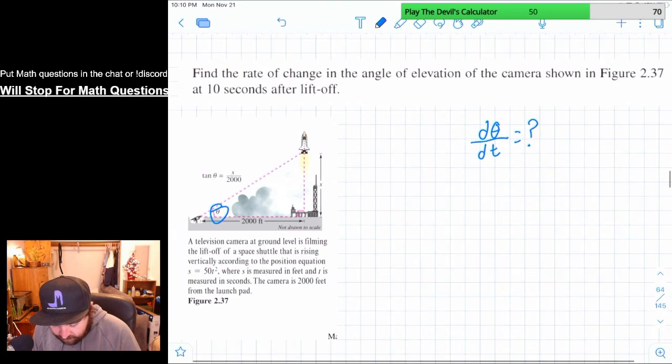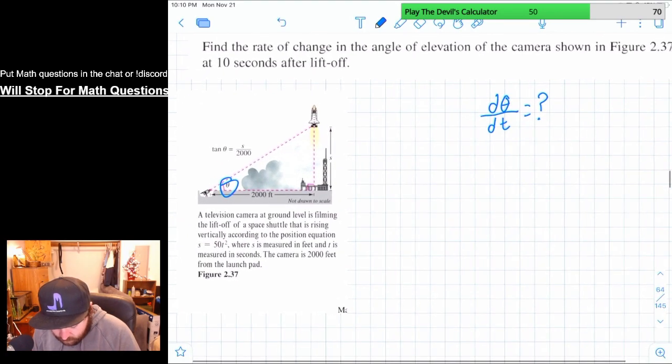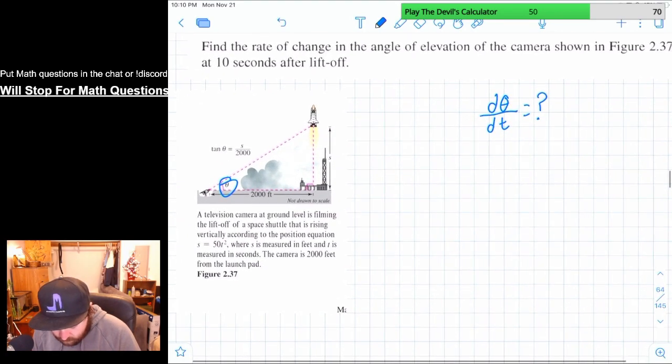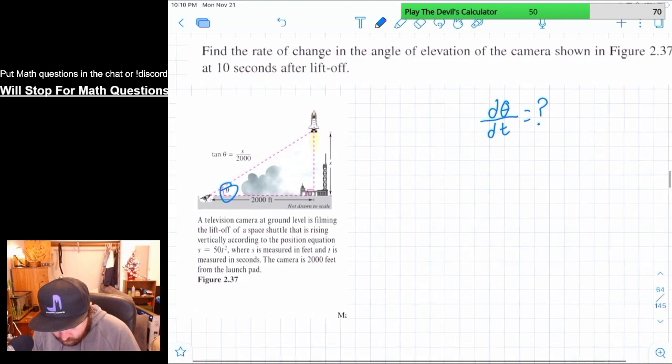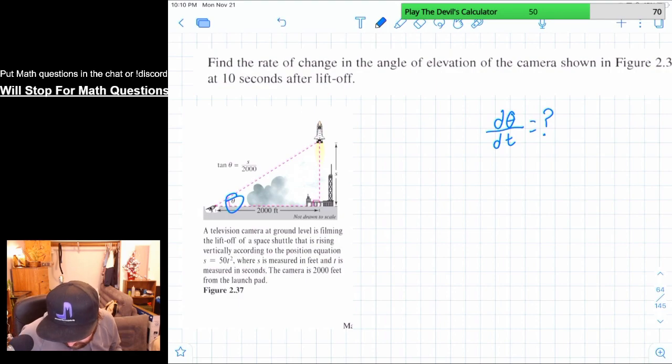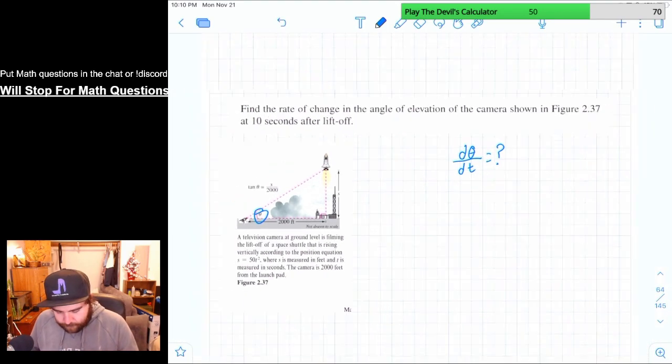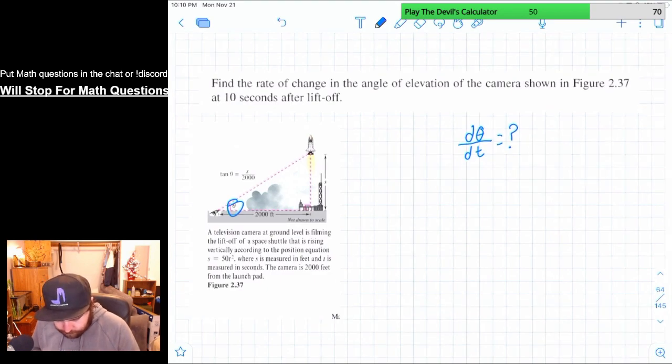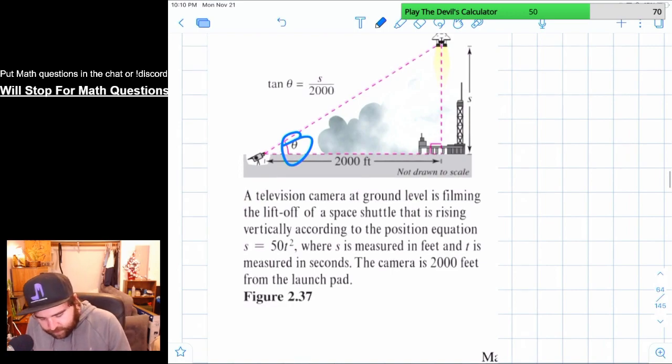10 seconds after liftoff. Whoa. Okay. What is S? Well, S is the height. Oh, and then they give you this equation here.